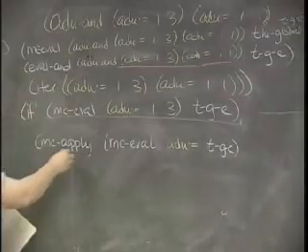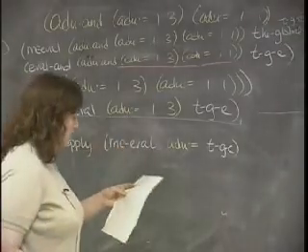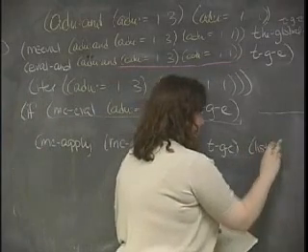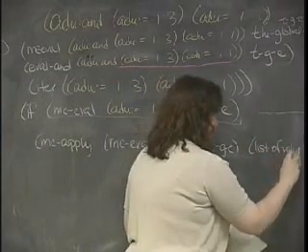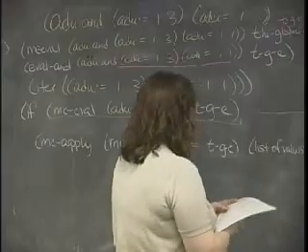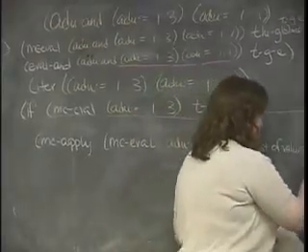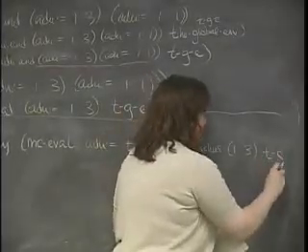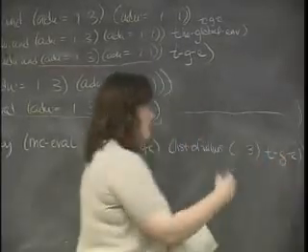We're going to MC apply that to the list of values, the operands, which is the cdr, or the list 1, 3, in the global environment.